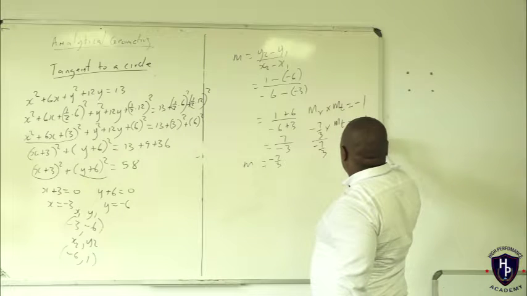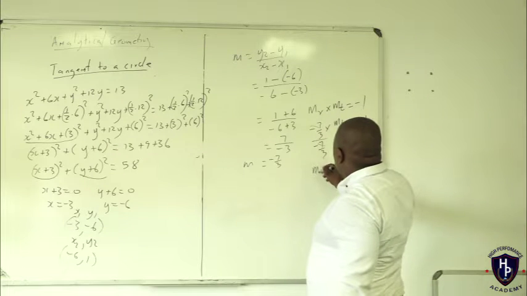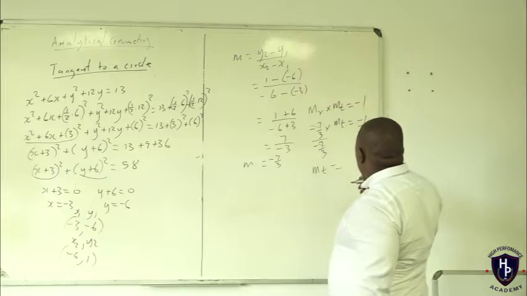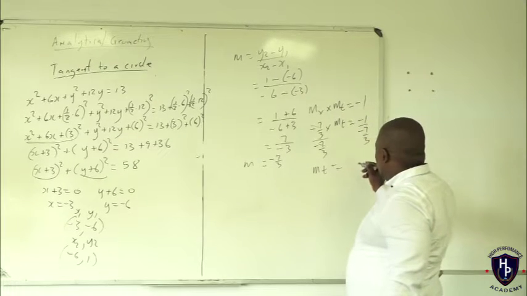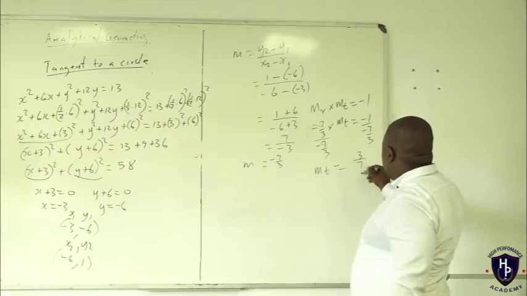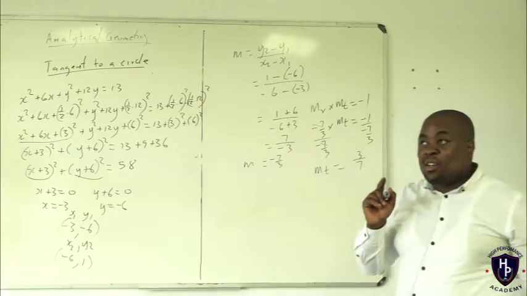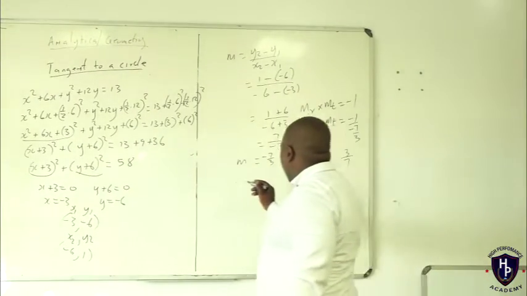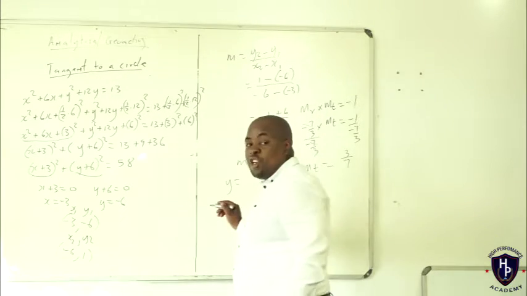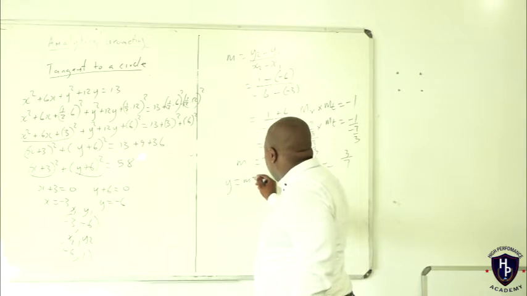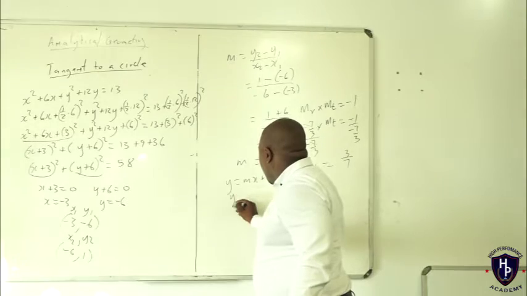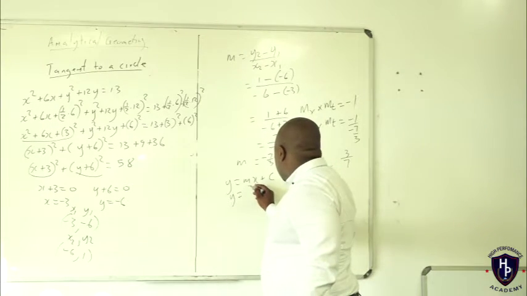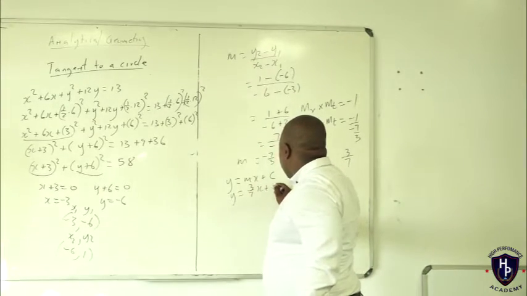The gradient of the tangent is equal to 3 over 7. Let us use the formula for the equation of the tangent: y equal to mx plus c. y is equal to 3 over 7 x plus c.